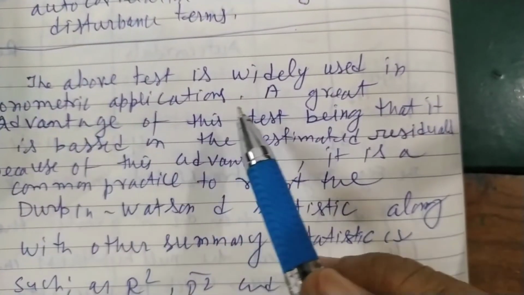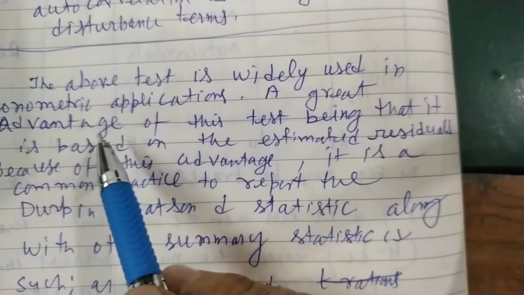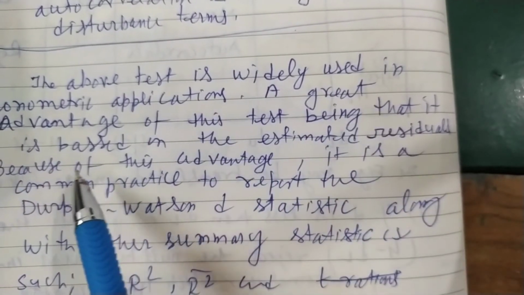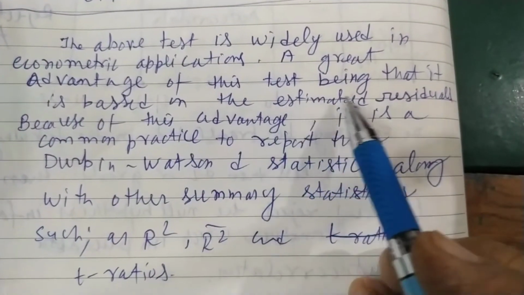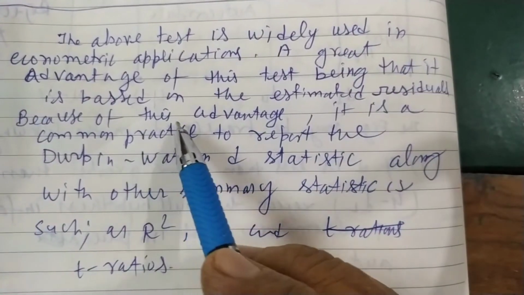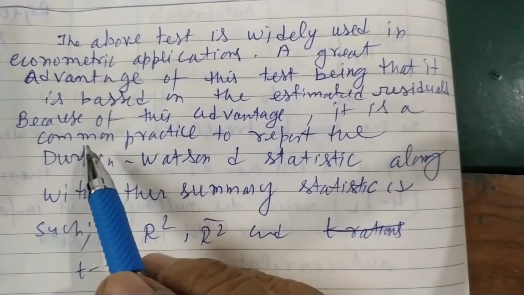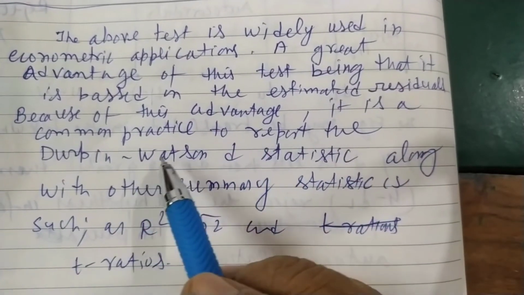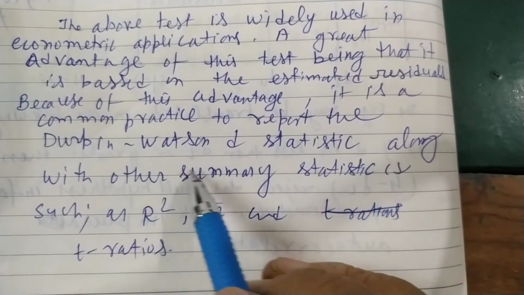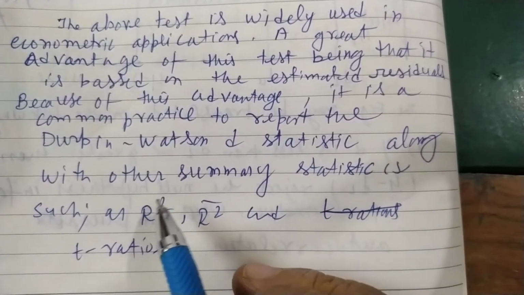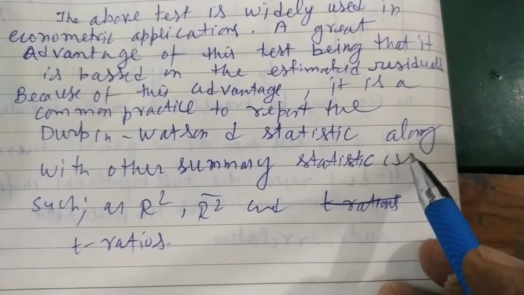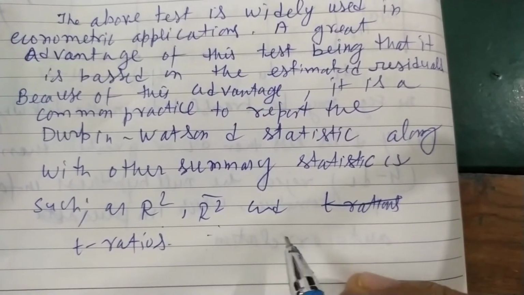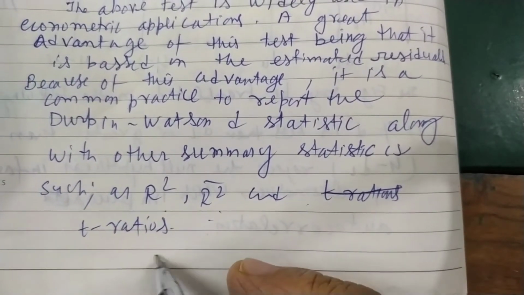The above test is widely used in econometric applications. A great advantage of this test is that it is based on the estimated residuals. Because of the two disadvantages, it is a common practice to report the Durbin-Watson d statistic along with other summary statistics such as R square bar and t ratio.